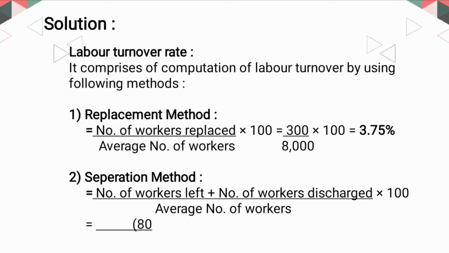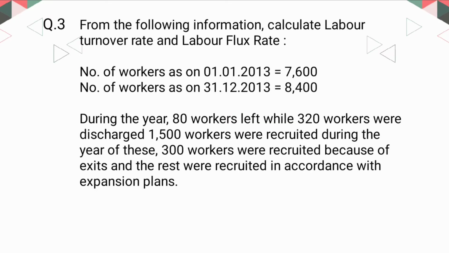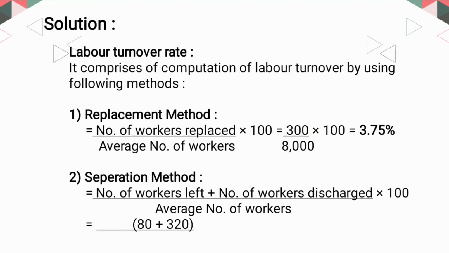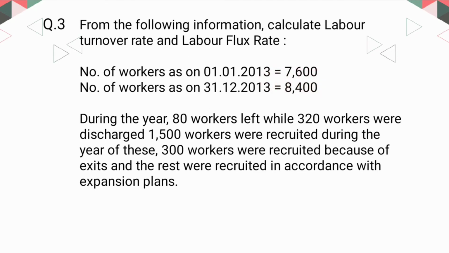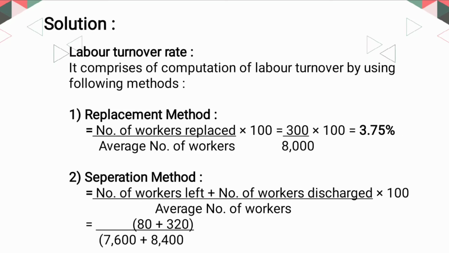So we'll record 80 plus number of workers discharged, which is 320, divided by average number of workers, which is 7,600 plus 8,400 divided by 2 into 100, which will be equal to 400 divided by 8,000 into 100, which will be equal to 5%. So the labor turnover by separation method is 5%.